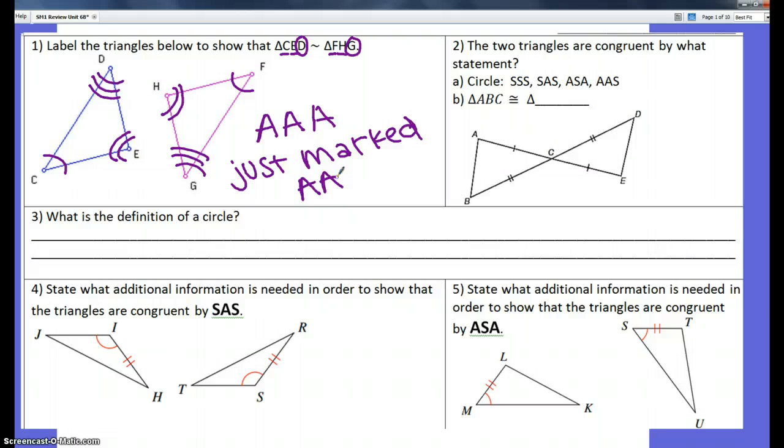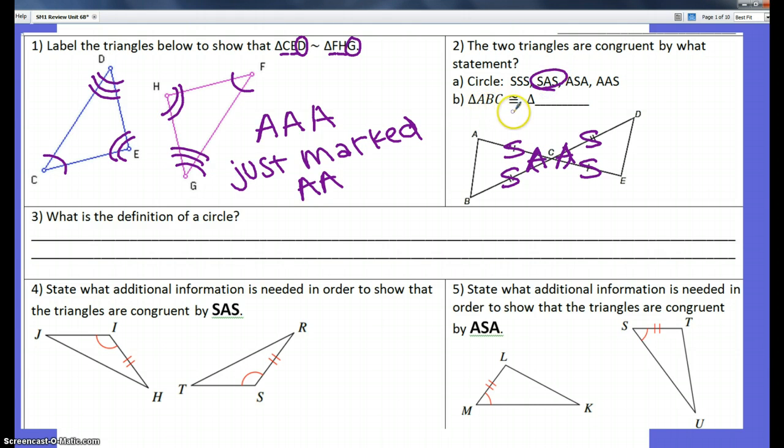The two triangles are congruent by what statement? You have two sides matching with the other triangle, but you also have here in the middle vertical angles. So you have side, angle, side on both of these. Side, angle, side.